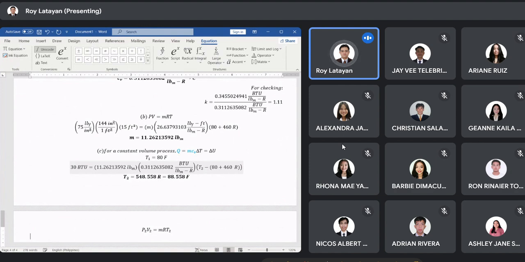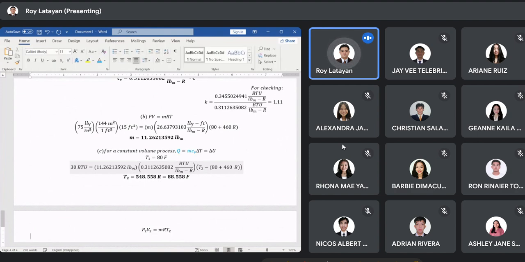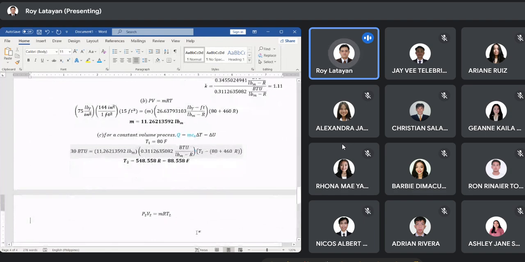Pwede ito kasi meron tayo constant volume process. So, yung volume natin is same as V1. Tapos, may m tayo, may R, may T2 na. So, pwede yan. Or, yung ating P2, constant volume.